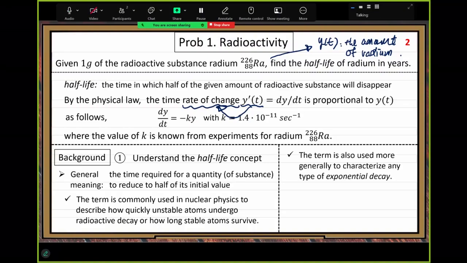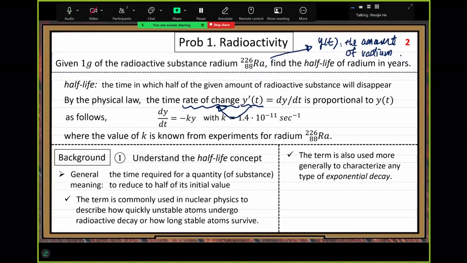Next, the term is also used more generally to characterize any type of exponential decay. This statement tells us we can extend this concept out of nuclear physics.